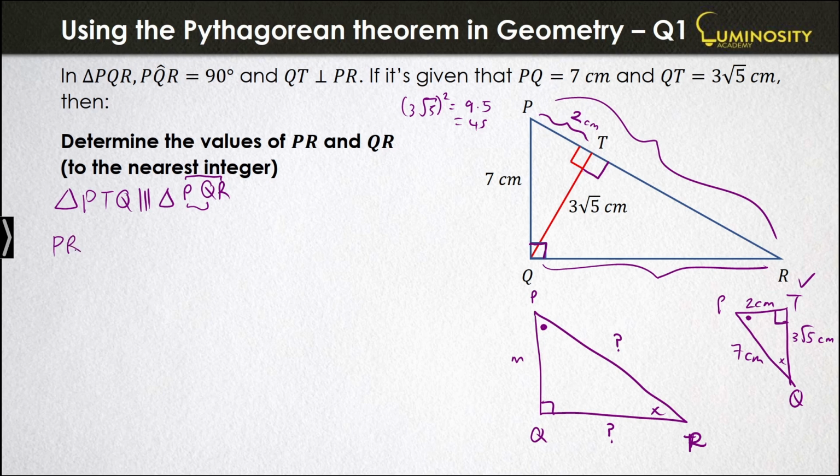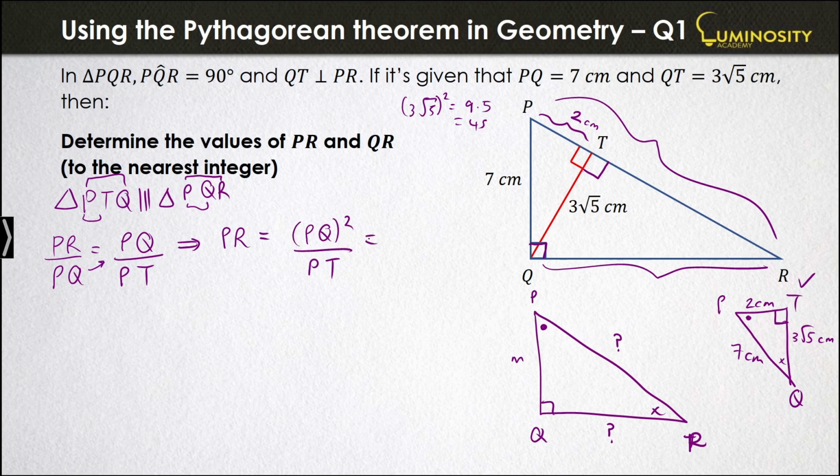The reason I'm doing that is because I'm going for PR first. So on the other side, I do the exact same sequence, PQ, and that will be divided by PT. So PR is what we're looking for. If I cross multiply both sides here, I get PQ all squared divided by PT.